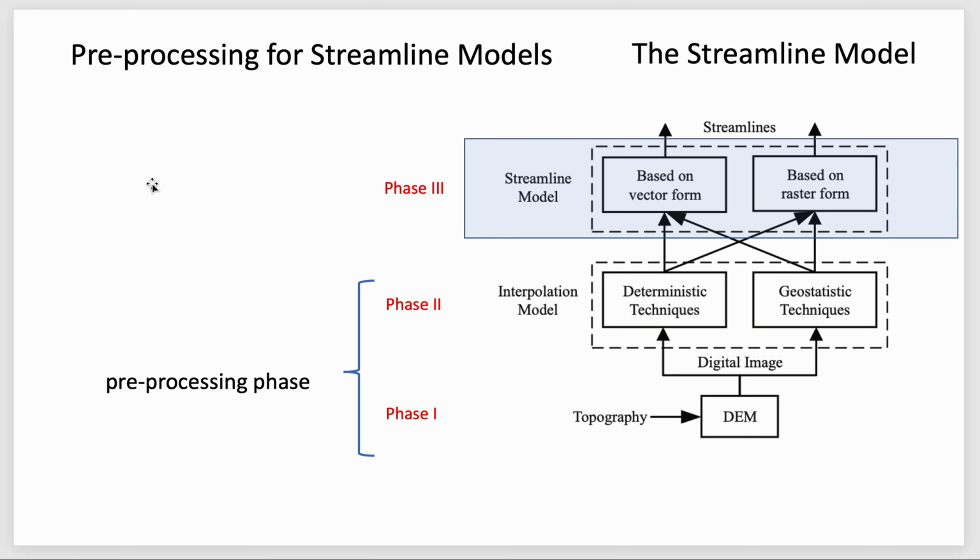In the second phase, we tried to interpolate the unknown points whose equation we want to know as much as possible. Then the last one is we will try to draw the streamline based on vector form and another one based on raster form.